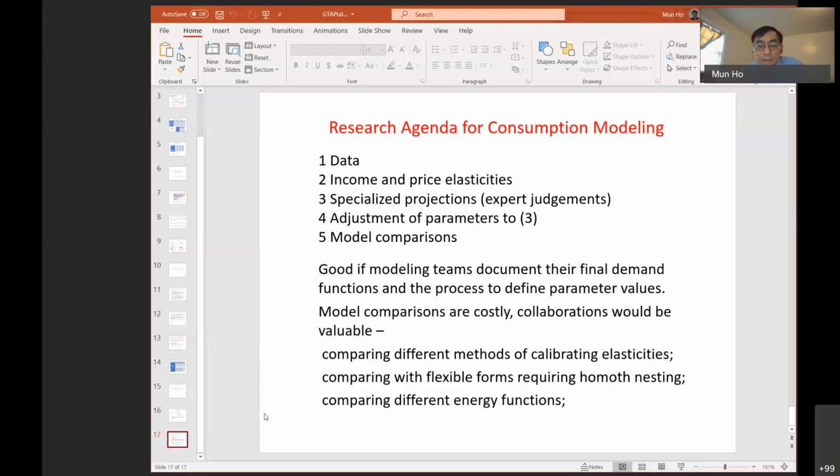Finally, I'm going to stop here and say that we identified some areas that we can fruitfully try to work together, as Rob emphasized. This work we can think of as different parts. We need to collect data from the different countries, and we need to estimate elasticities since they are quite country specific.